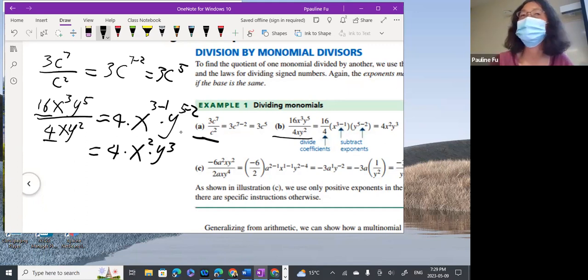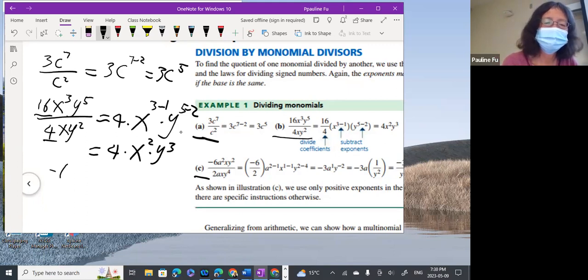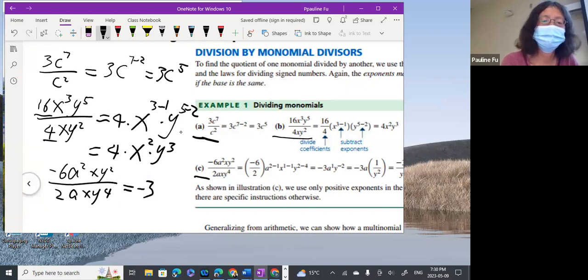Move on, question C. Negative 6 a squared x y to the 2 over 2a x y to the 4. So negative 6 divided by 2, negative 3. a, 2 minus 1. x cancelled out.